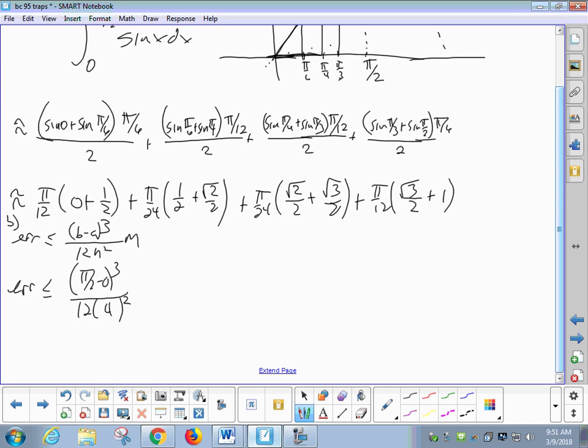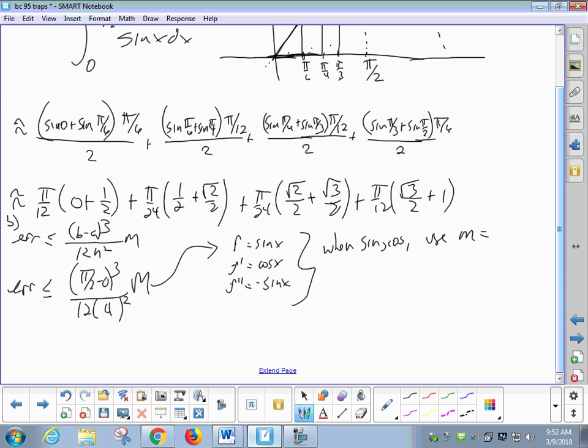So m is going to be something like this. The function is sine. The derivative is cosine. The second derivative is negative sine. When you're dealing with sine or cosine, it's typical to just use an m of 1.